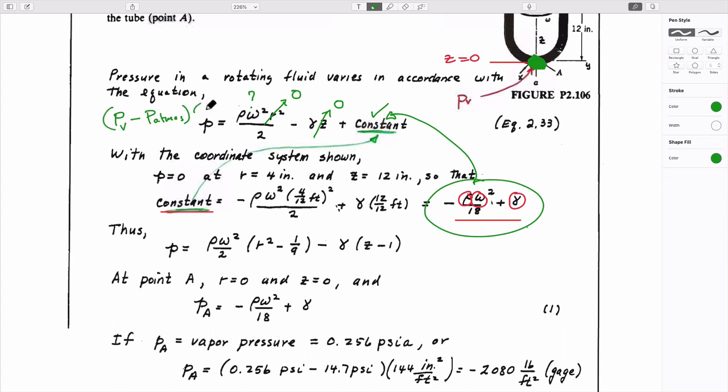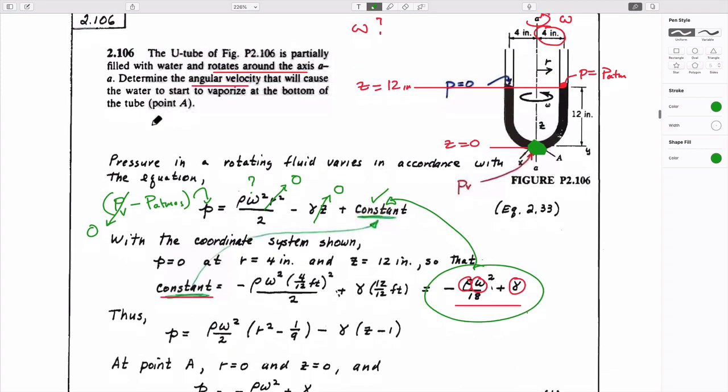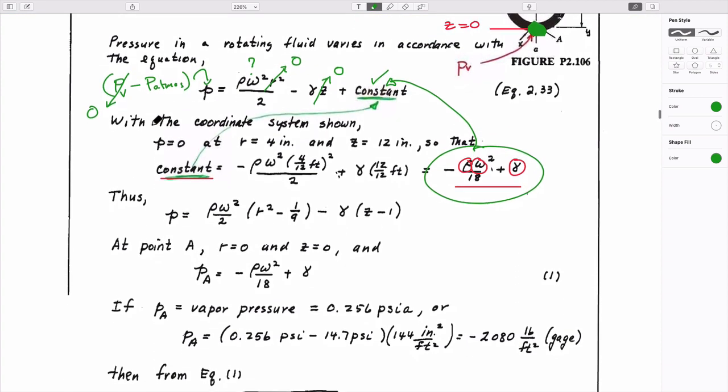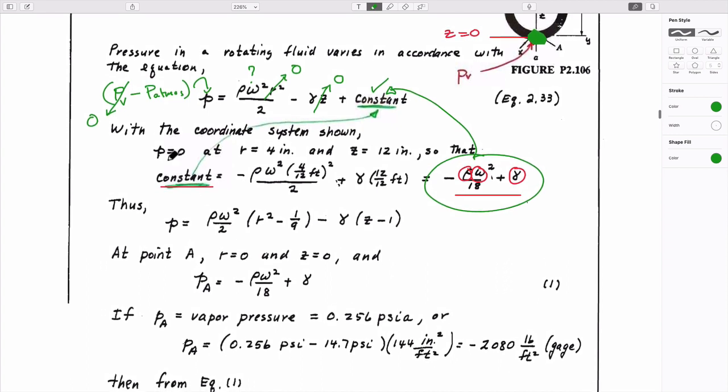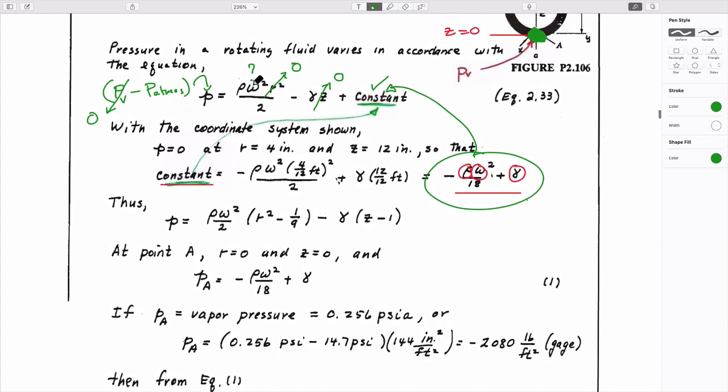Right? So the vapor pressure of water is a small number. I don't know what it is in English units, but you could think of it almost as being 0. And the atmospheric pressure is going to be 14.7 psi, and if you substitute for this, you can solve for the magnitude of the rotation speed.